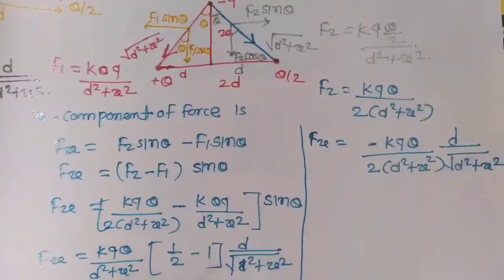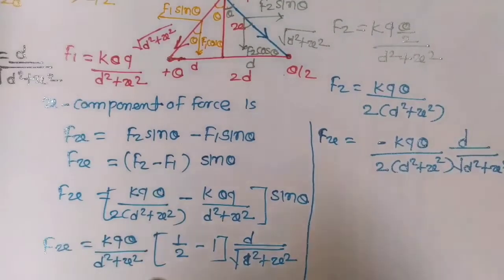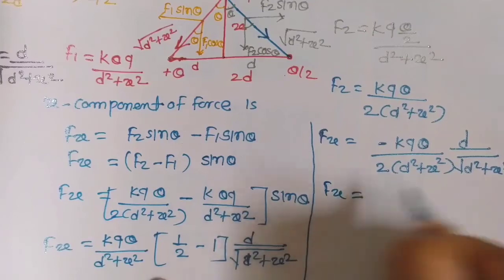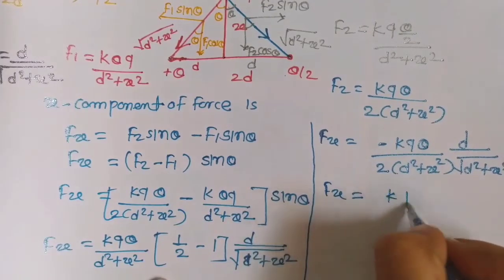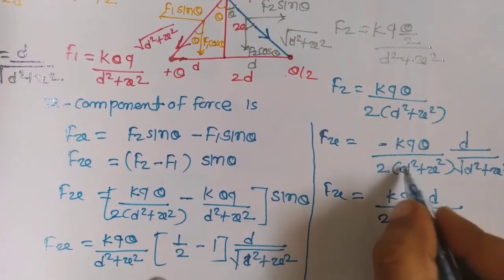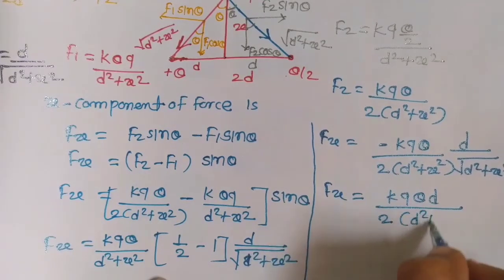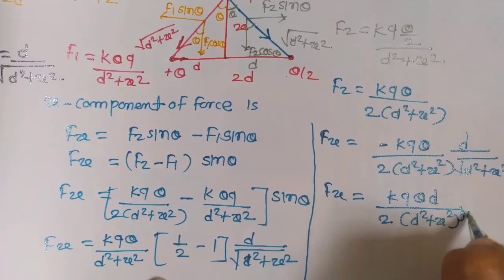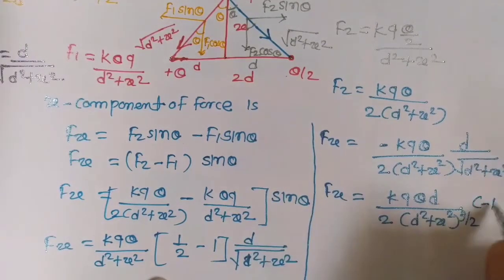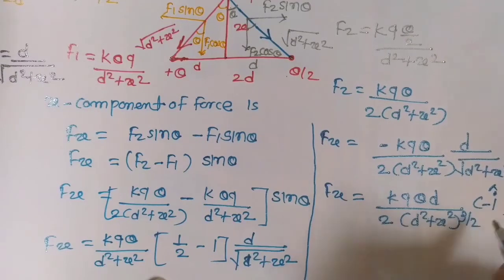Okay, the multiplication of these two terms gives Fx is equal to k q d upon twice d square plus x square raised to 3 by 2, and this has a minus, and therefore minus i cap in the x direction.